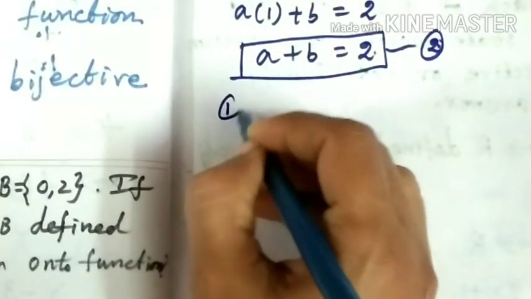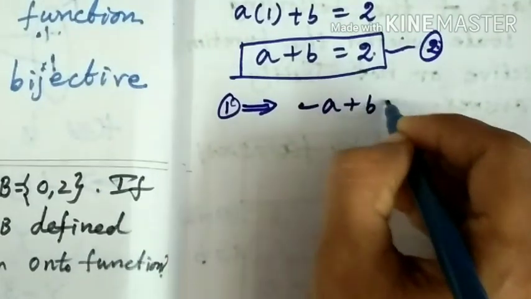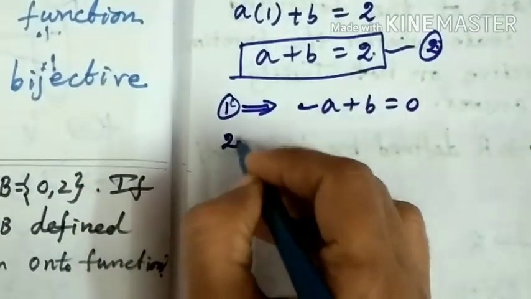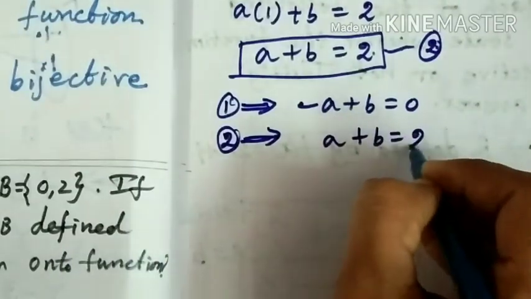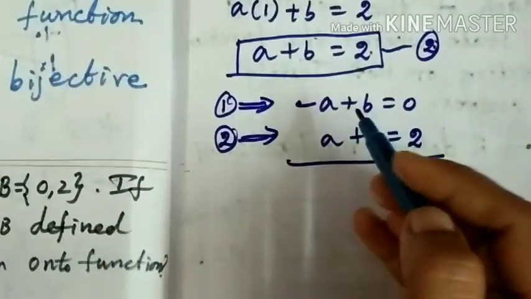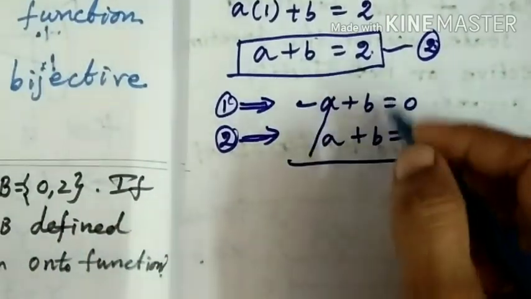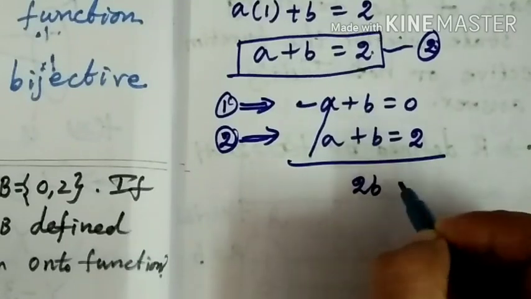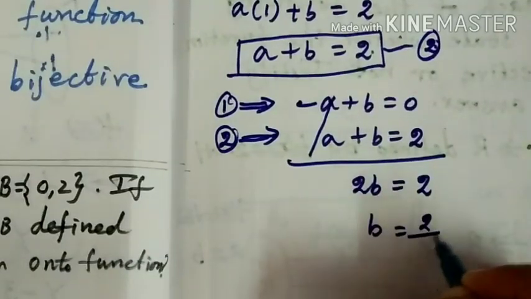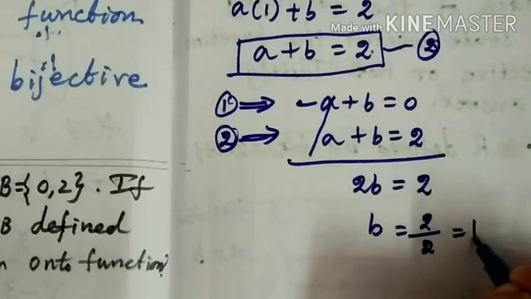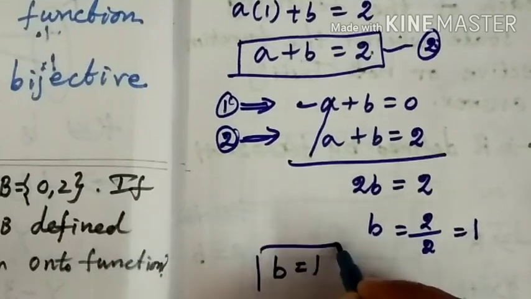Now solving 1 and 2, we get minus a plus b equal to 0. Then the second equation, a plus b equal to 2. Then add: minus a plus a cancel and get 0. Then 2b equal to 2. That is b equal to 2 by 2, which is 1. Therefore, the value of b equal to 1.